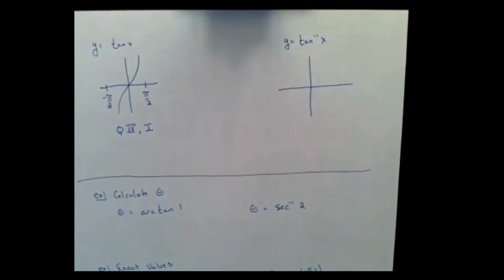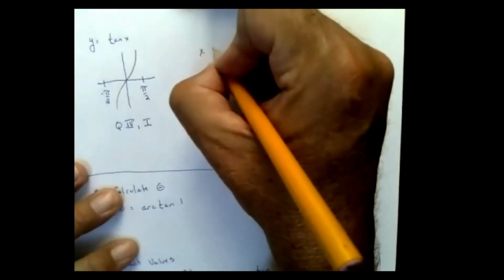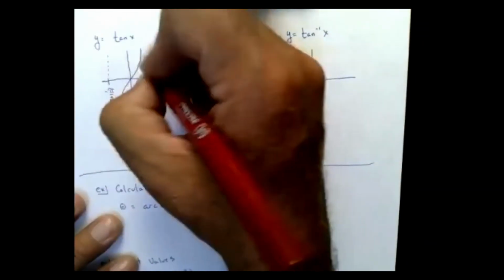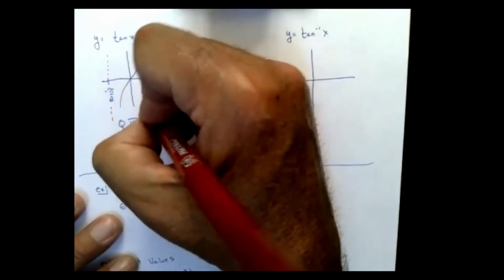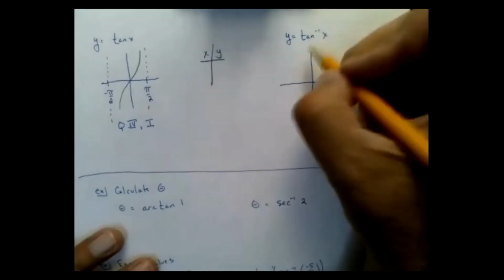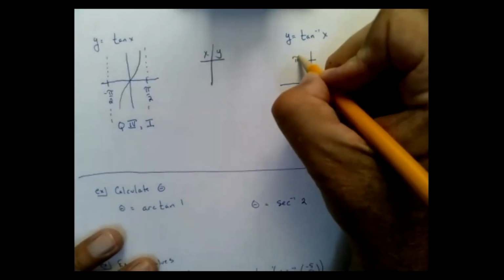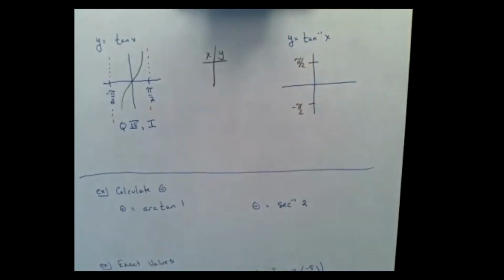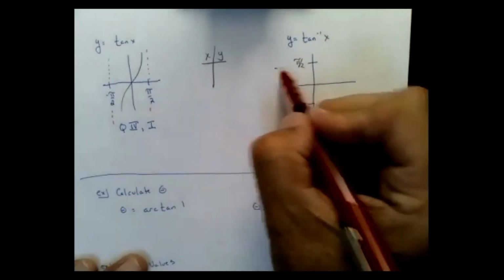Tangent. Let's see what we got. X, Y. There's an asymptote there, and there's an asymptote there. So if I come over here and say, hey, there's pi over 2, here's negative pi over 2, I'm going to draw these asymptotes.